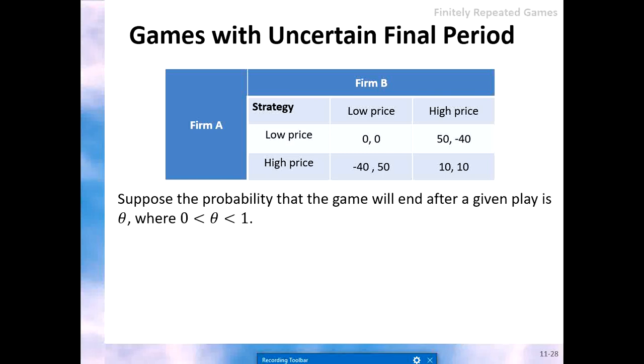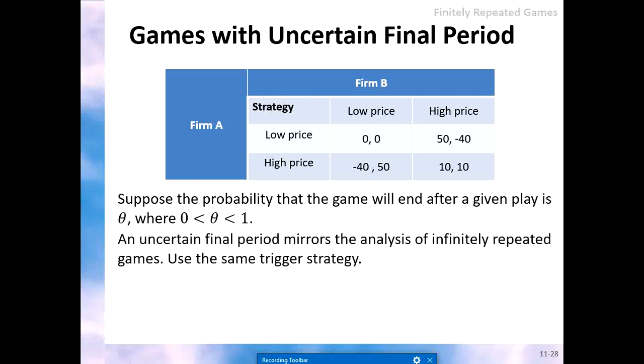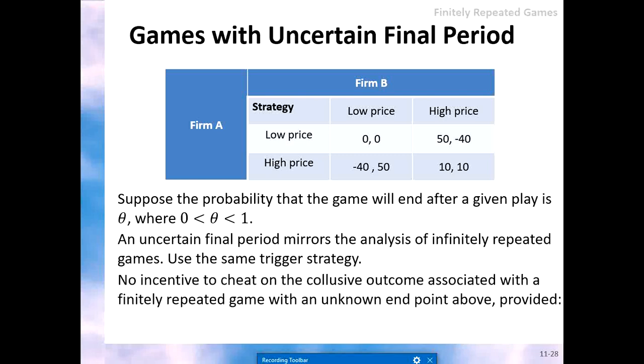Suppose this game will be played several times, and the probability that the game will end after a given play is theta, where theta is between 0 and 1. An uncertain final period mirrors the analysis of infinitely repeated games, so we use the same trigger strategy.